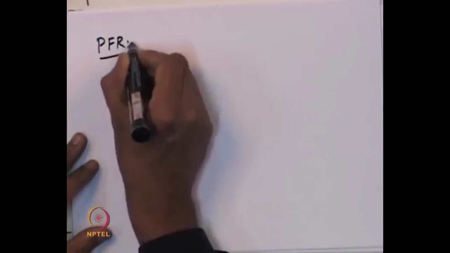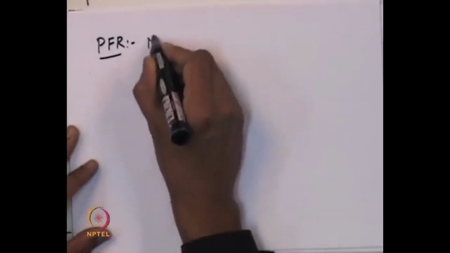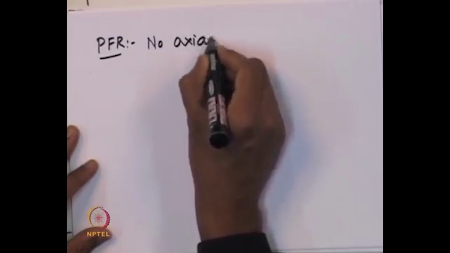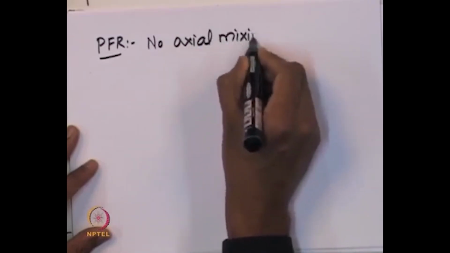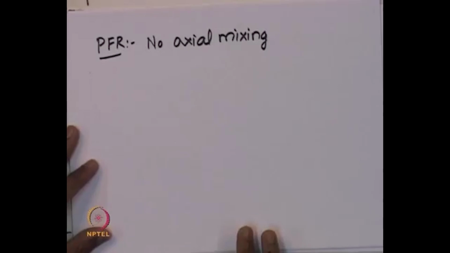Now, if I take a plug flow reactor, there is no axial mixing in a plug flow reactor, which means that if there is a tube that behaves like a plug flow reactor, the fluid stream entering moves like a plug. The fluid particles entering the reactor at a certain time do not mix with the fluid particles entering just after or just before.